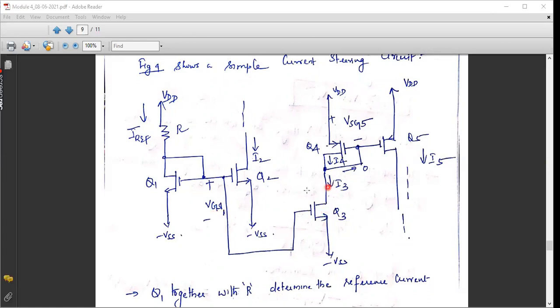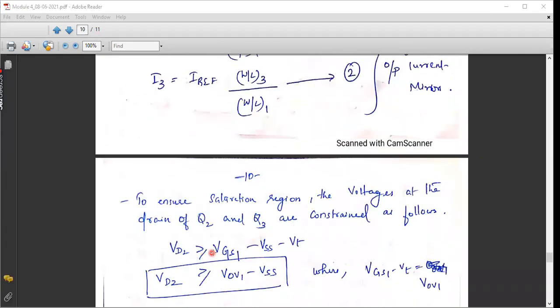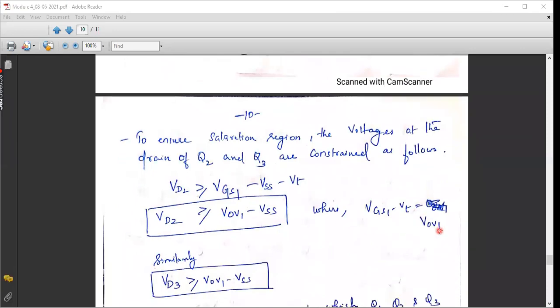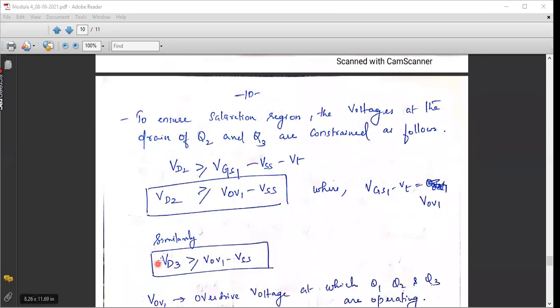Understood? So the saturation condition of Q3 can now be written as VD3. What is VD3? It's the output voltage of Q3, which should be greater than or equal to the same equation: VGS1 minus VSS minus VT, where VGS1 minus VT is VOV1. Therefore, I can write the equation as VD3 greater than or equal to VOV1 minus VSS.